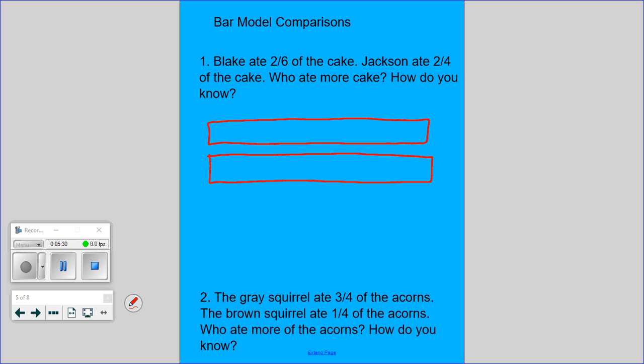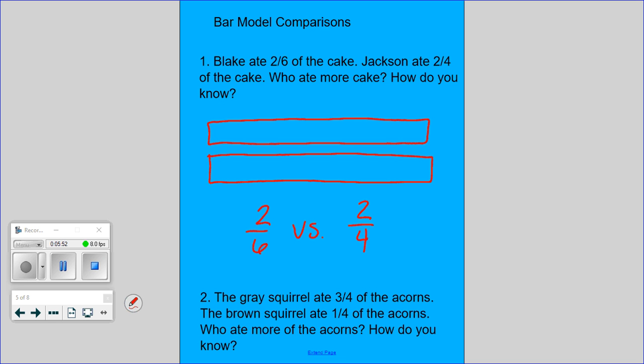Okay, we are comparing 2/6 versus 2/4ths. Those are the 2 fractions that we're comparing. I want to know who's eating more cake.